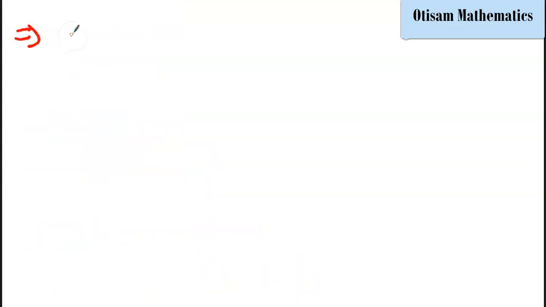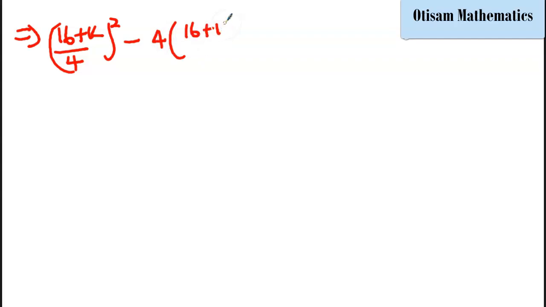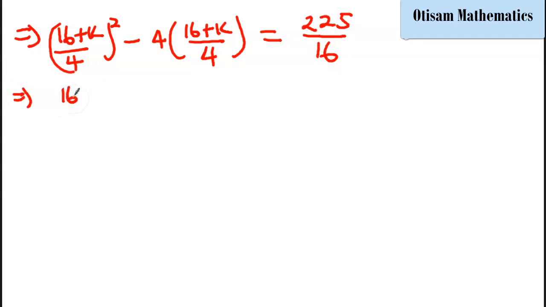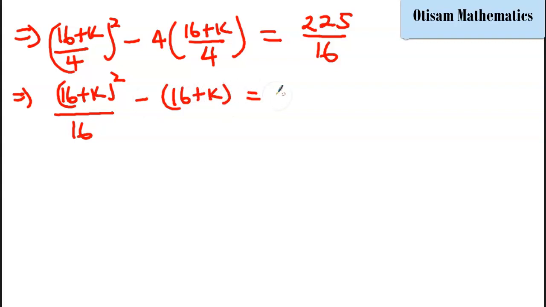This implies that (16 plus k) on 4 all squared minus 4 times (16 plus k) on 4 is equal to 225 on 16. So we can expand. So we have (16 plus k) all squared over 16 minus (16 plus k) is equal to 225 on 16.